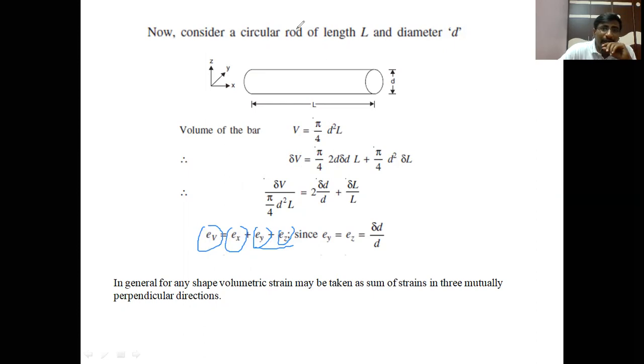So in general, for any shape, volumetric strain may be taken as the sum of the strains in 3 mutually perpendicular directions. Whatever the member is, linear dimensions or angular dimensions, a sphere or circular rod, whatever the shape, the volumetric strain of any member is the summation of strain in 3 mutually perpendicular directions. Clear?